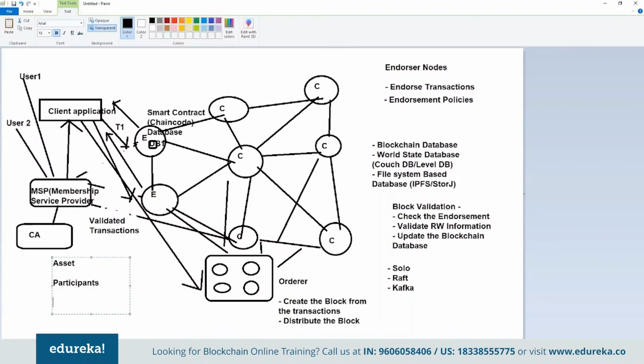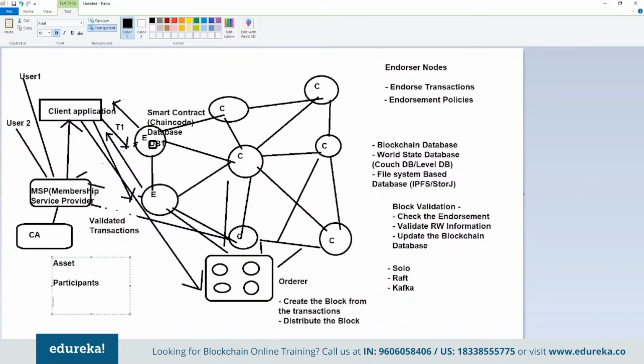For example, in a medical domain application, your patient is a participant, doctor is a participant, your insurer is a participant, your drug supply person is a participant, your research organization doing medical research is also a participant. All these are participants, and you will need to define all these participants when you are defining the network. In Node.js, there are named structures which are given to define the assets and to define the participants.